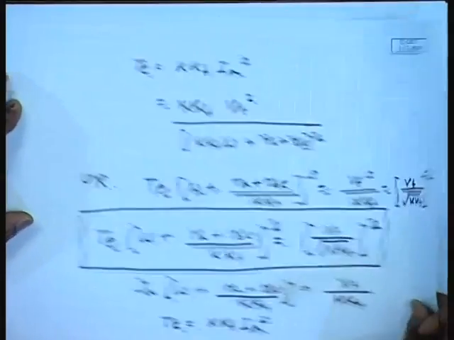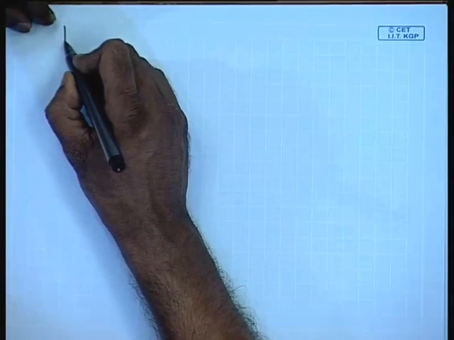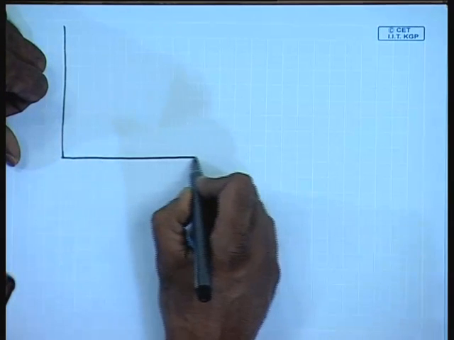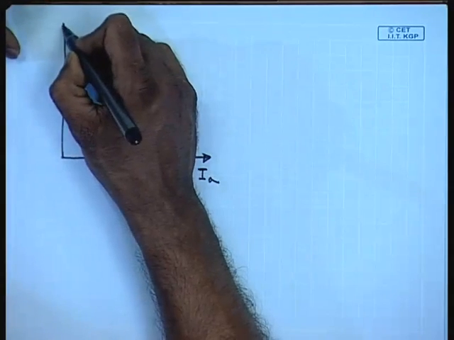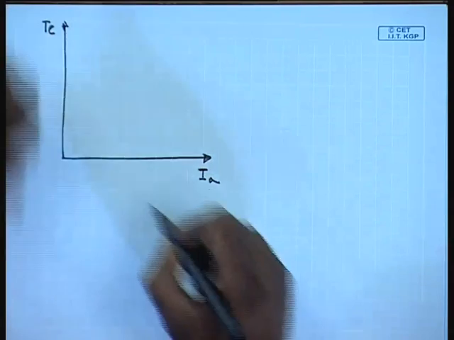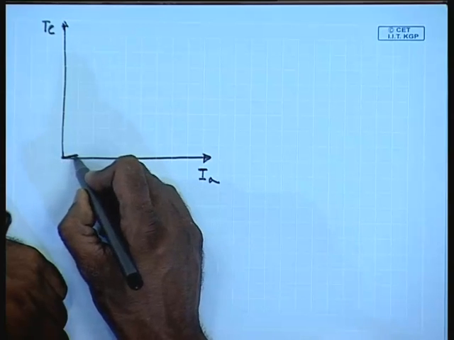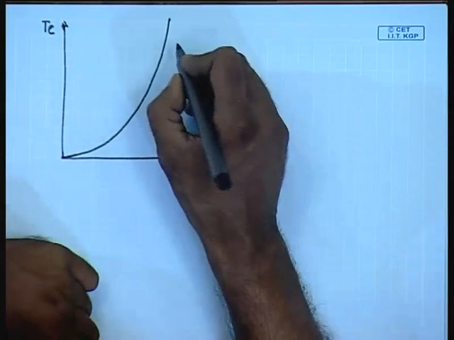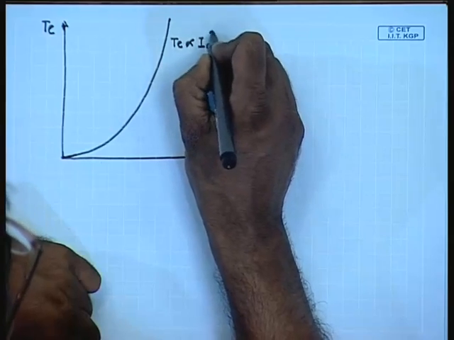The easiest one is to draw the torque current characteristics, proportional to I_A square.